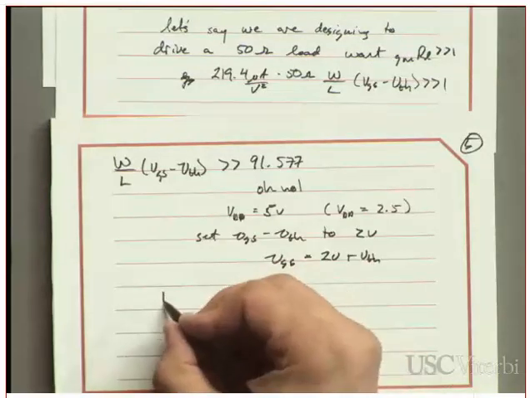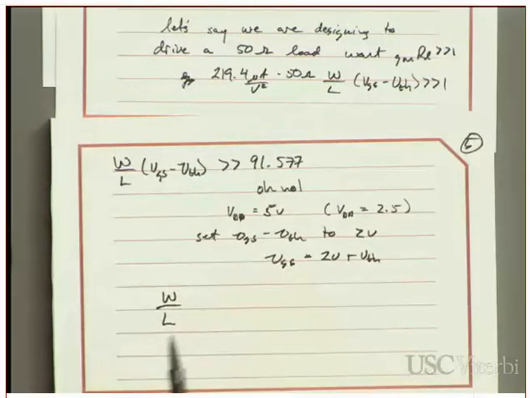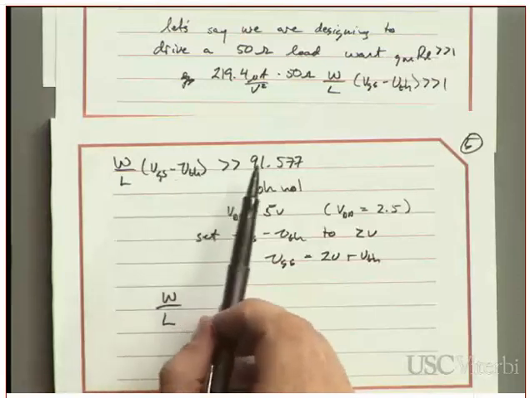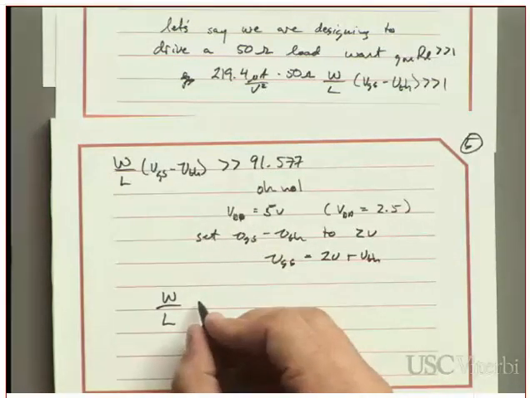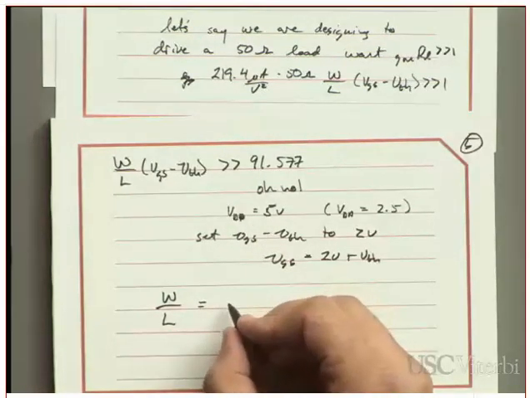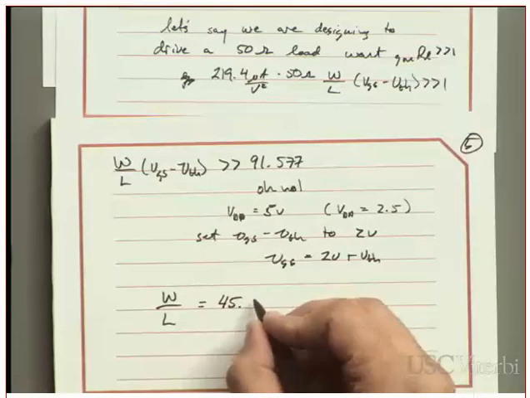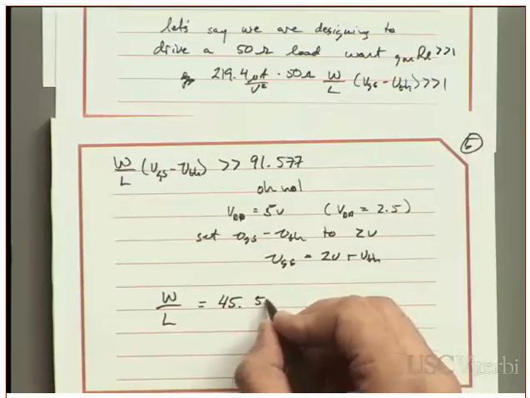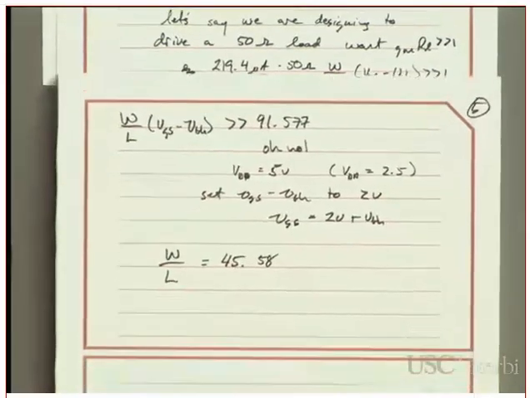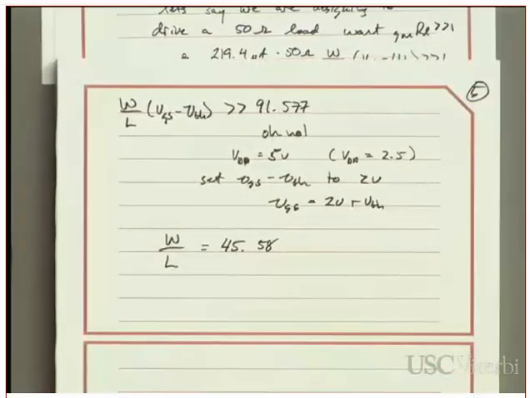So now, if I do that, my width over length has to be this number divided by 2. So 45.58, let's call it that.